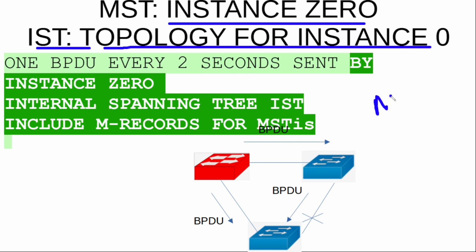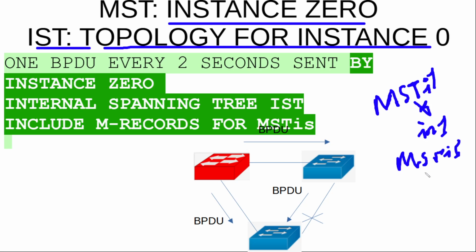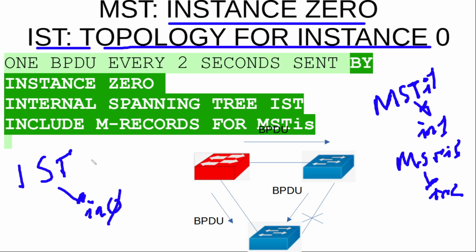As we had MSTIs, for instance, MSTI 1 for instance 1 and MSTI 2 for instance 2 and so on, we have IST for instance 0. So this is the instance 0 topology. It is known as internal spanning tree. This will send BPDUs, as we saw in the previous slide.